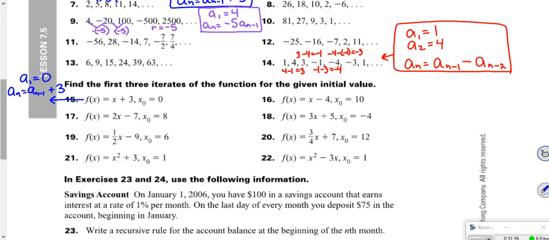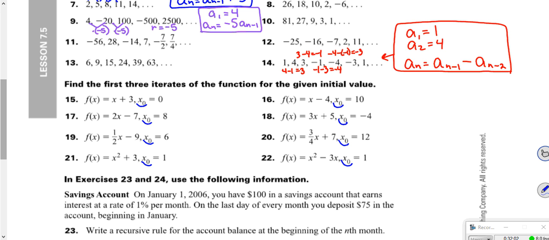But my first term, in this case, notice that these all start with x sub 0. Every one of these starts with x sub 0. So I really shouldn't have written it this way.